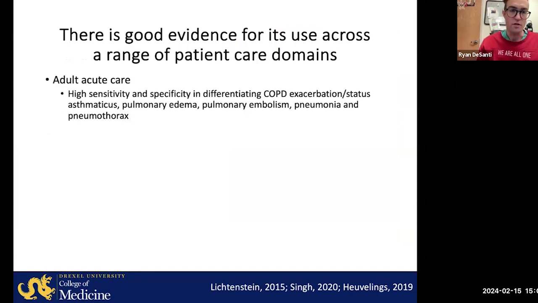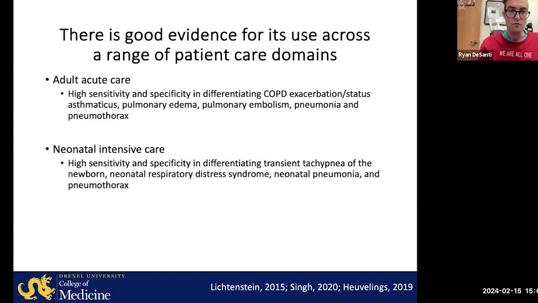It is most well established in adult acute care, where it has demonstrated high sensitivity and specificity for differentiating COPD exacerbations in asthma, status asthmaticus with pulmonary edema, pulmonary embolism, pneumonia, and pneumothoraces. There's also a high level of evidence supporting use in neonatal intensive care, including high sensitivity and specificity in differentiating transient tachypnea of the newborn, neonatal respiratory distress syndrome, neonatal pneumonia, and pneumothoraces.